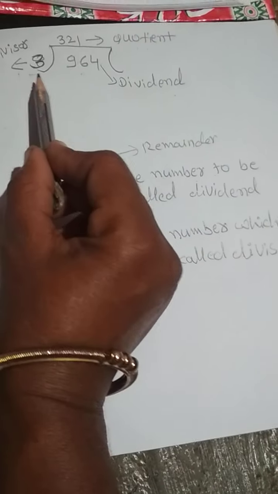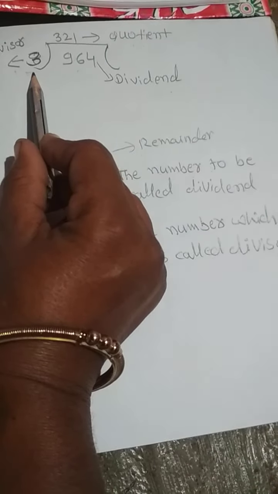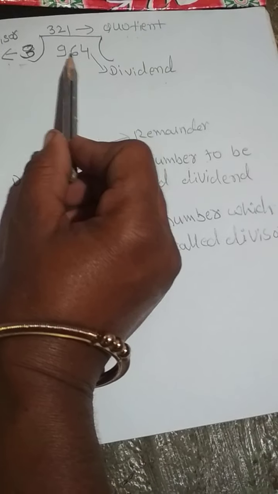Which number you divide by, that number is called the divisor. This one is the dividend, and this one is the divisor.